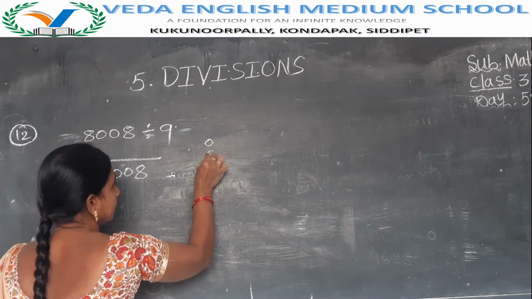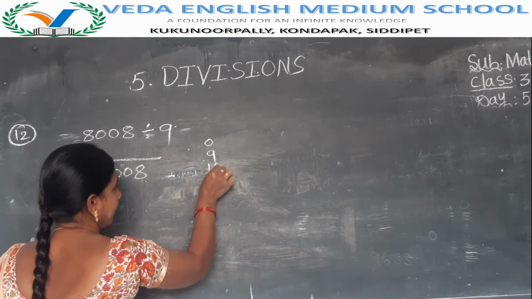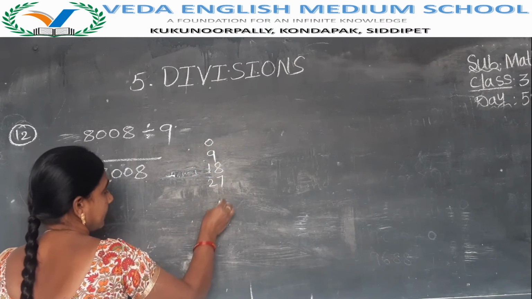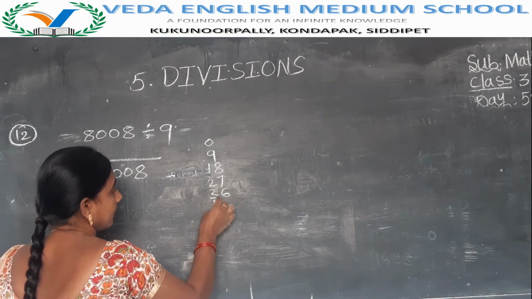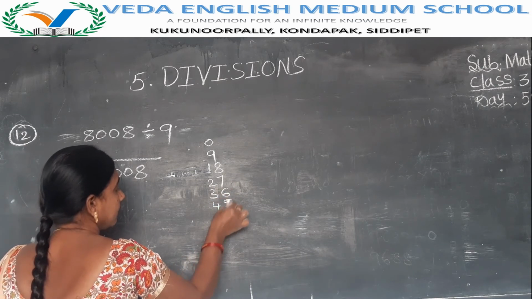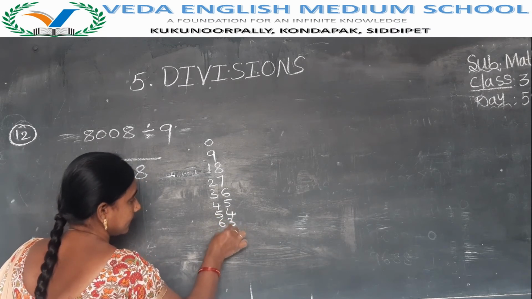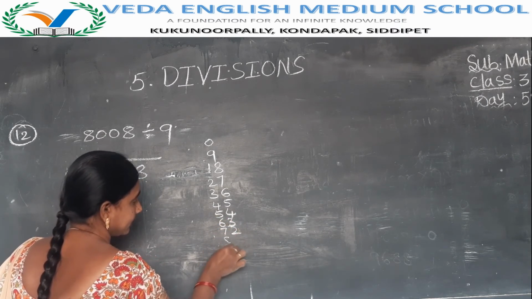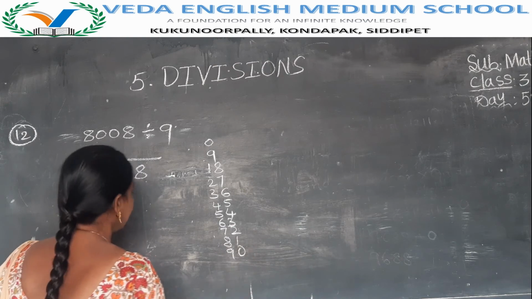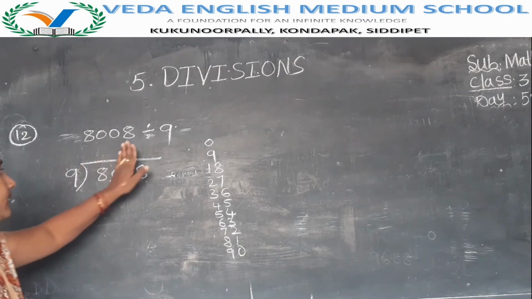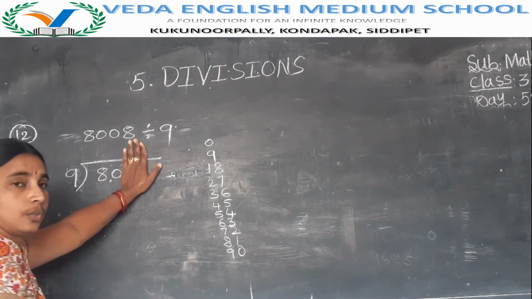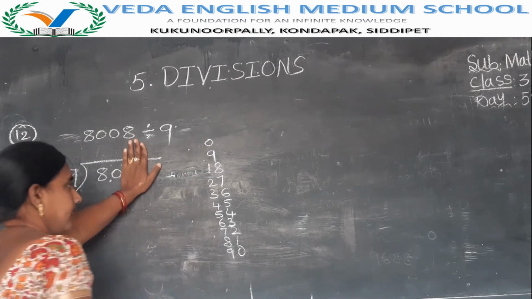So now write here the 9 table. 9 zeros are 0, 9 ones are 9, 9 twos are 18, 9 threes are 27, 9 fours are 36, 9 fives are 45, 9 sixes are 54, 9 sevens are 63, 9 eights are 72, 9 nines are 81, 9 tens are 90. The first 2 digits are 80. Now find the nearest to 80 in this table.